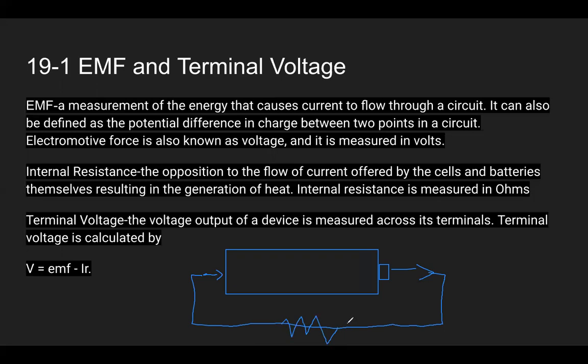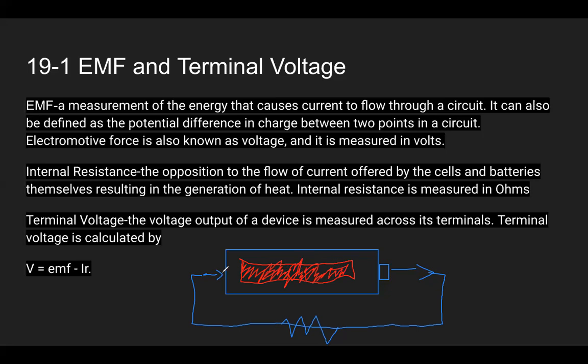So what internal resistance means is that the energy that's being produced inside here, like chemical energy or whatever, has to pass through the different little energy cells. These different energy cells also have their own resistance to them.